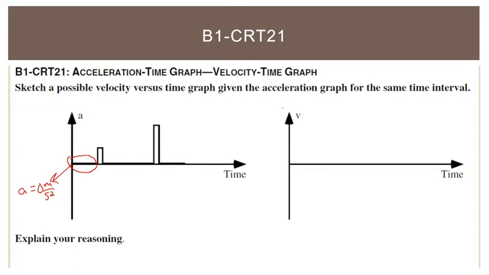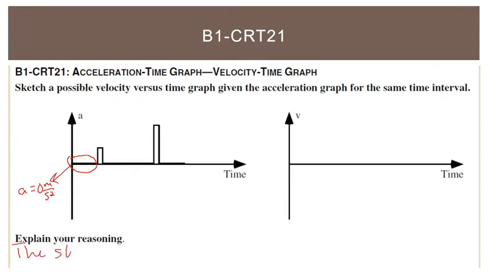As we said the other day, when you're going backwards, that means from a graph of acceleration to a graph of velocity, or from a graph of velocity to a graph of position, you should think whatever is happening to this graph, in this case acceleration, should be happening to the slope of the velocity graph. That's the reasoning part.